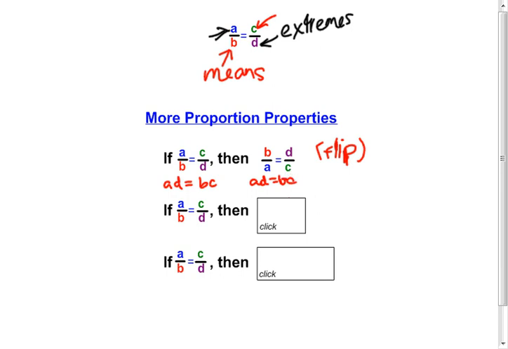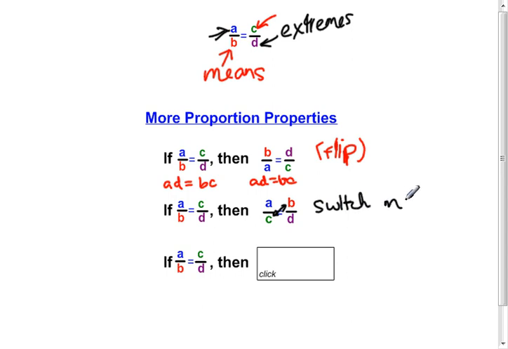Another way to rewrite this proportion would be to switch the means, or switch the extremes. If A over B equals C over D, then we also know that A over C equals B over D. We just switched the means.